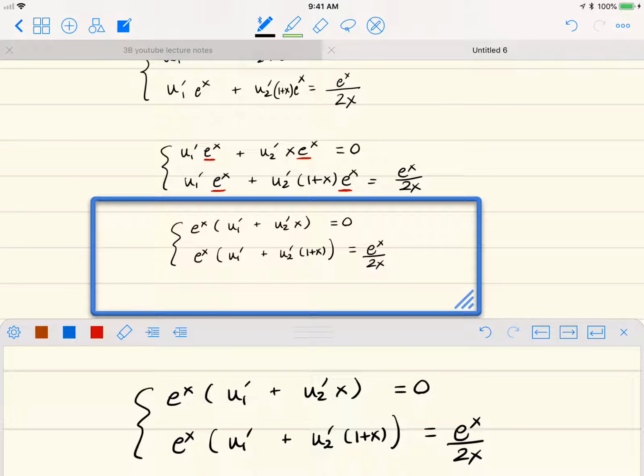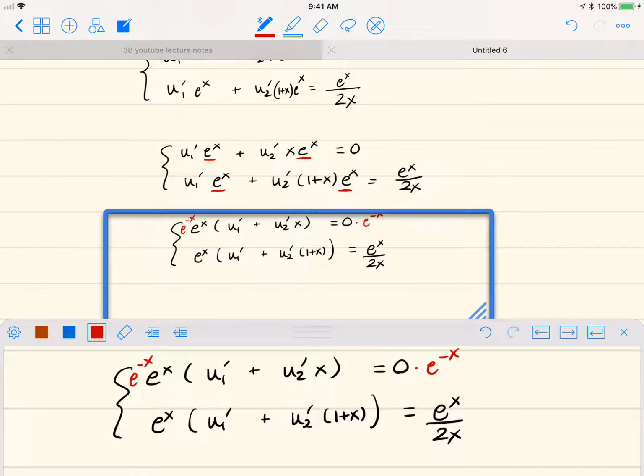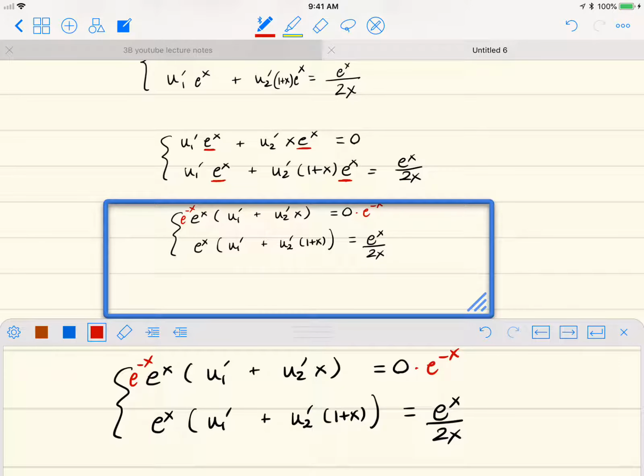Now, from here, notice that if this function times this function is equal to 0, e to the x is never equal to 0. So I can multiply both sides by e to the negative x, and I can do the same thing down here.